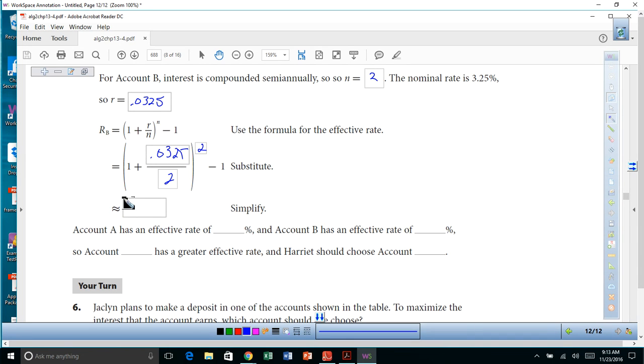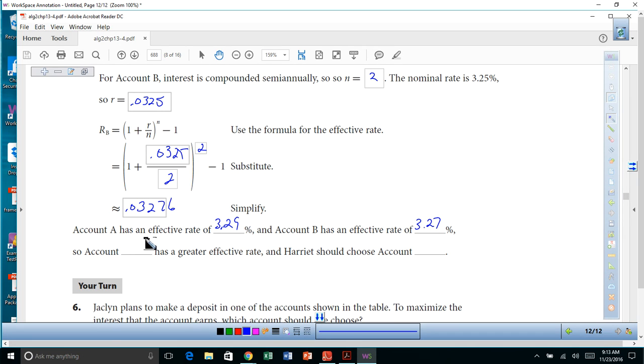Put all that in your calculator, you get 0.03276. So account A has an effective rate of 3.29%, and account B has an effective rate of 3.27%. I rounded a little bit.